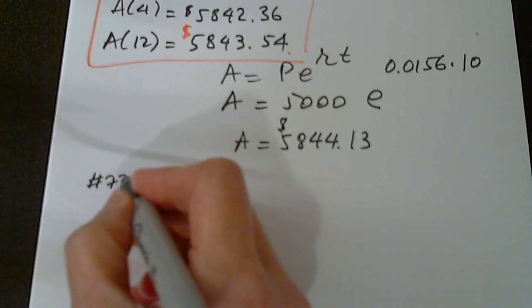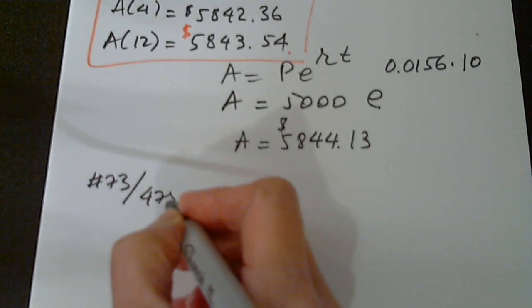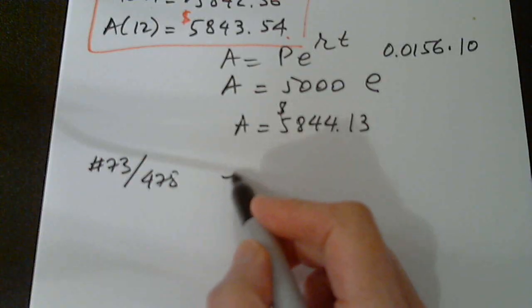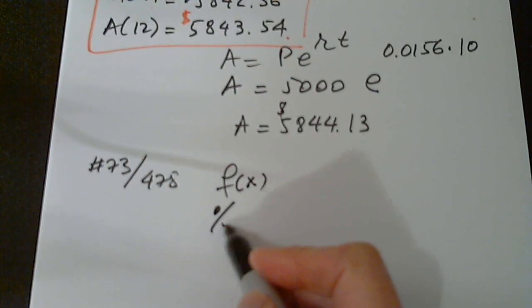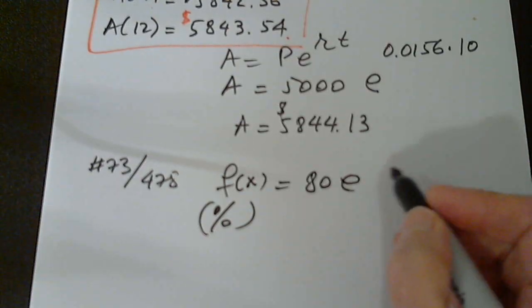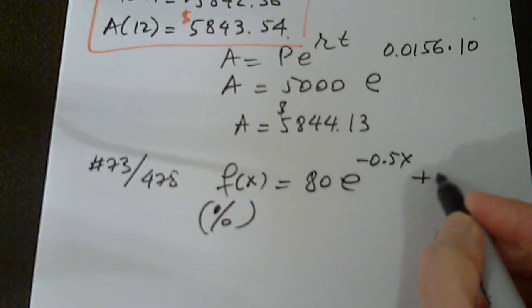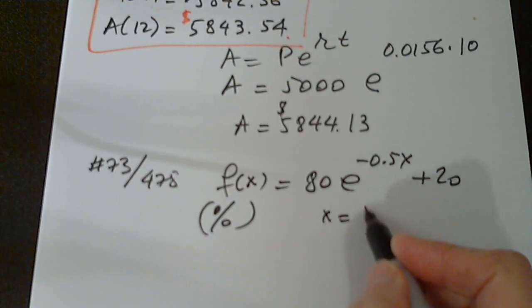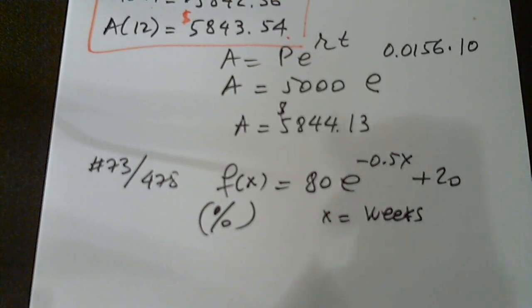Problem 73 on page 478. We are given a function, in percent: 20e to the negative 0.5x plus 20, where x is in weeks.